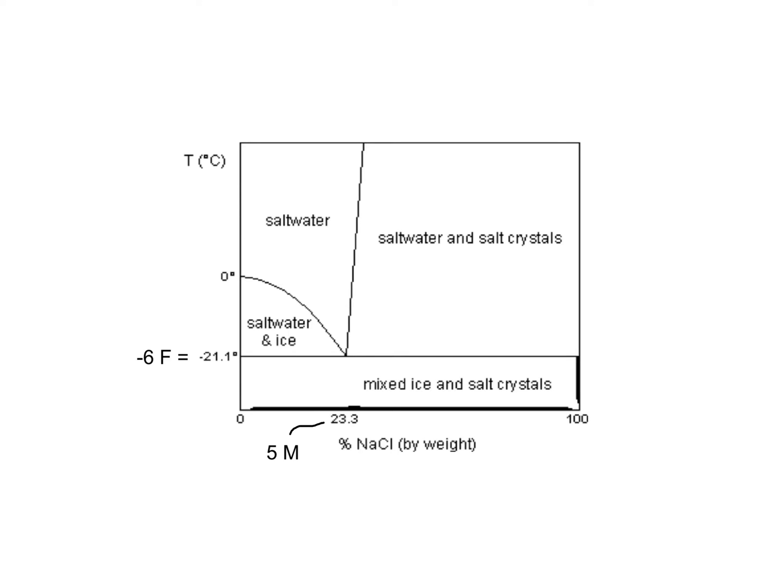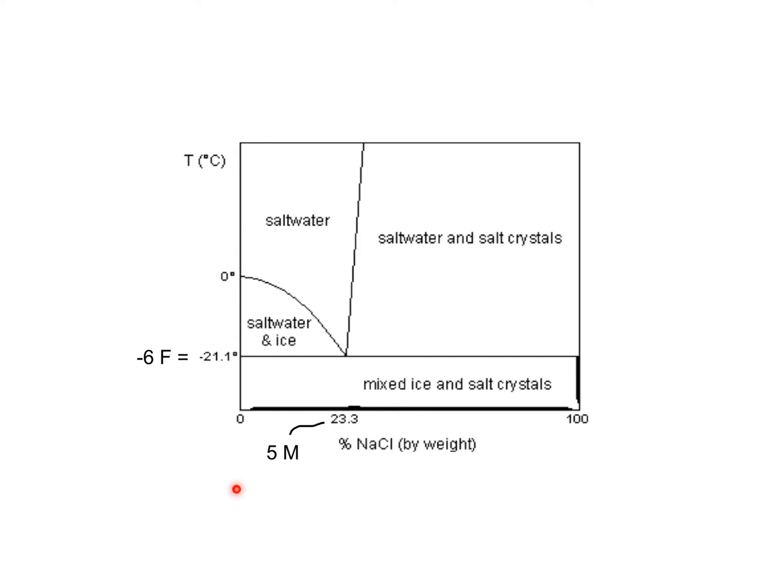As an example, let's look at an aqueous sodium chloride solution. By measuring the freezing point of various solutions of sodium chloride, we can graph the freezing point of those solutions as a function of the composition, in this case as a function of the weight percent of sodium chloride in the solution.